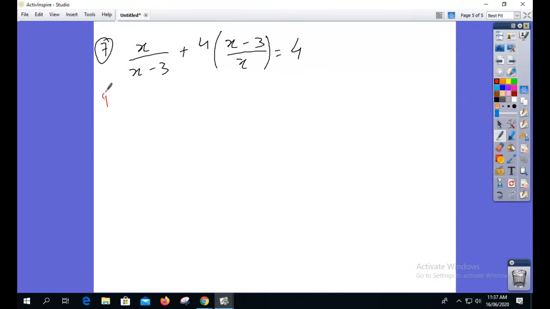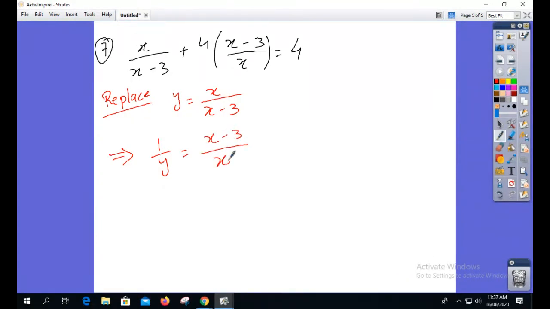We replace y equals to x by x minus 3, or 1 by y equals to x minus 3 by x. By taking reciprocal, if y equals to x by x minus 3, then 1 by y equals to x minus 3 by x. Is it clear to everyone?